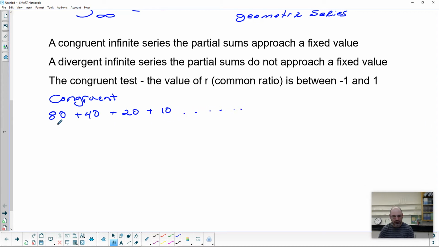If I do the partial sums, they'll be approaching a fixed value as we go. So this will be 120, then 60, then 30 and 15, and then 5 and 2.5, and so forth. So it's going to approach 0.